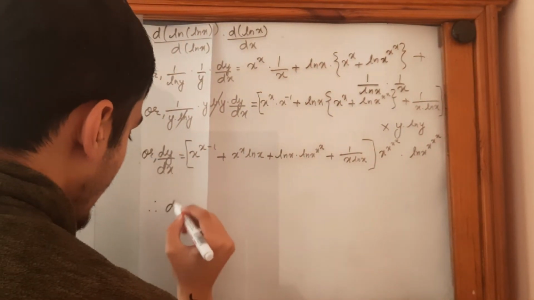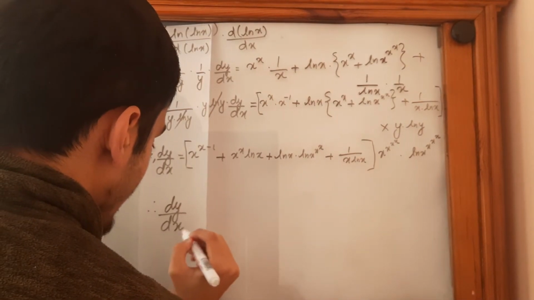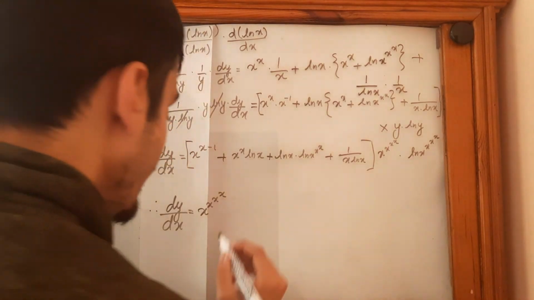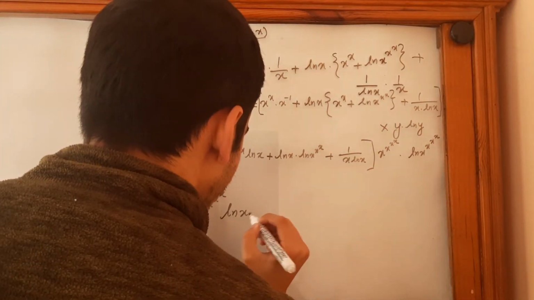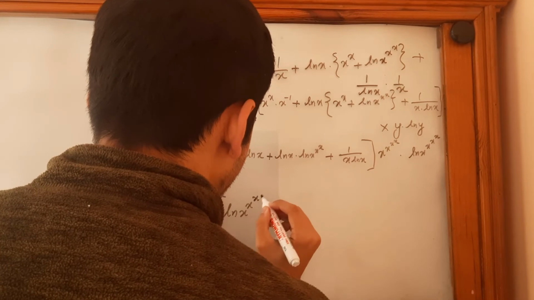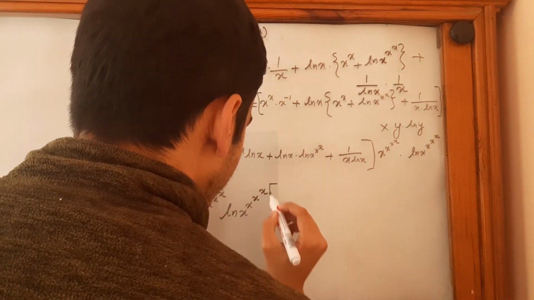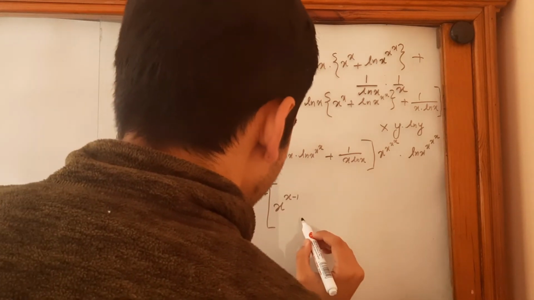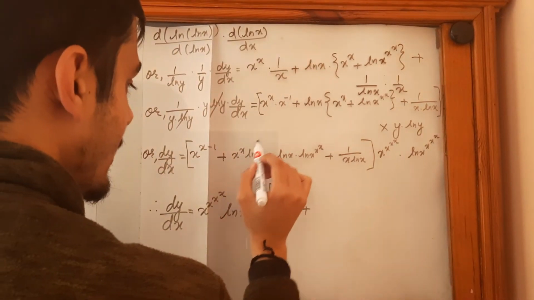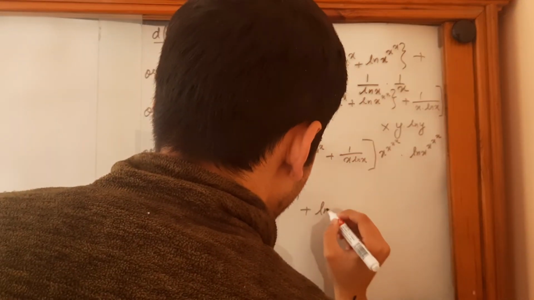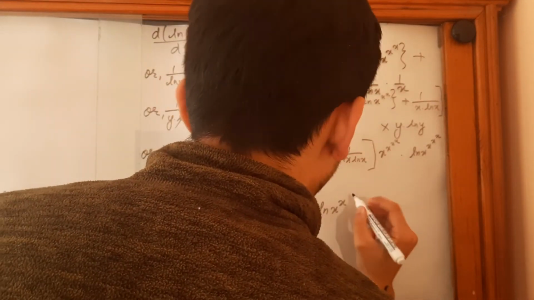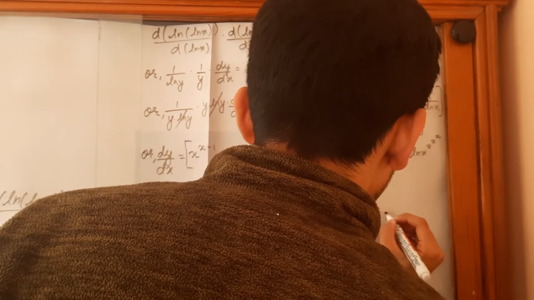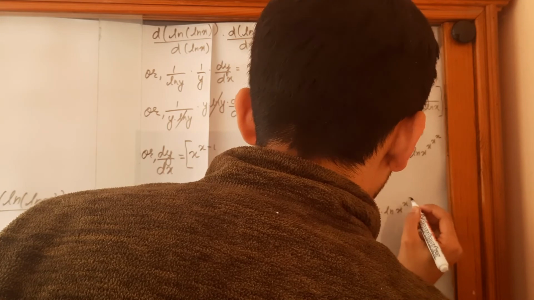So therefore dy by dx is equal to x to the power x to the power x to the power x, ln x to the power x to the power x to the power x, big bracket, x to the power x minus 1 plus, or let's write this in the power side, so it's going to be x to the power x to the power x plus ln x times ln x to the power x to the power x.